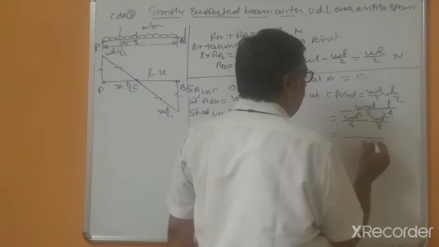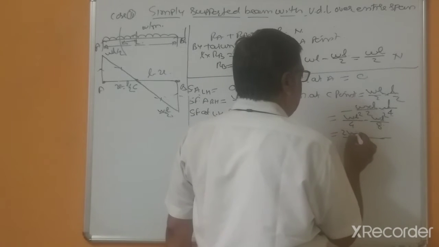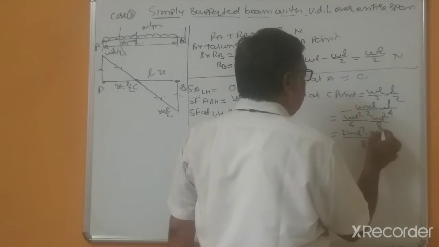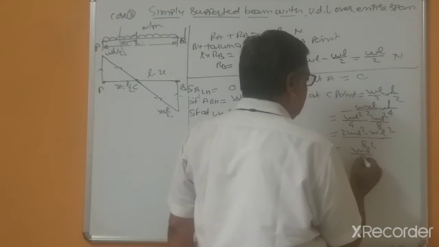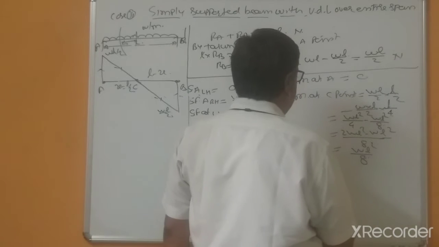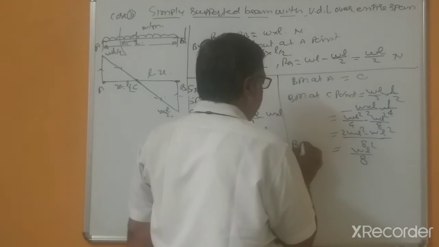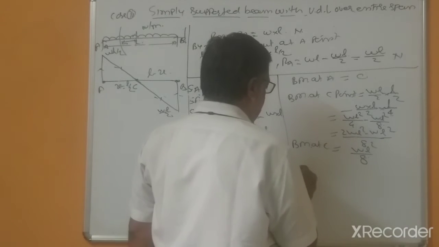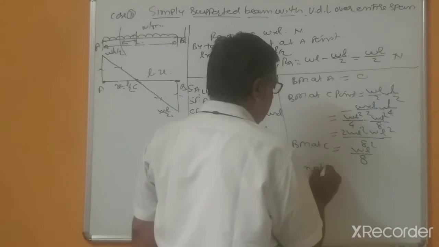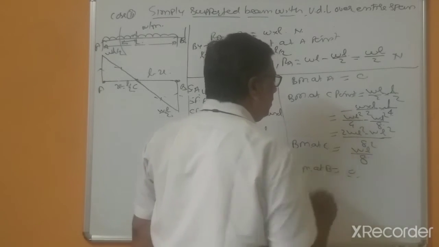So take LCM, this is 2WL square minus WL square, means WL square divided by 8. This is bending moment at C point, and bending moment at B point equals 0.